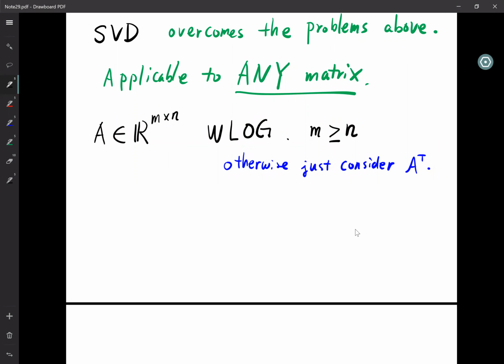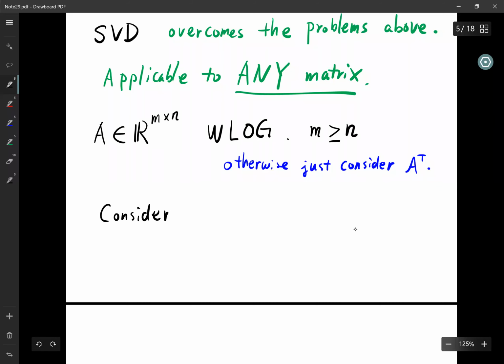We don't have that many tools to talk about rectangular matrices other than Gauss elimination that we learned at the very beginning of this semester. But we learned eigenvalue decomposition. In particular, we learned that any real symmetric matrix is diagonalizable. So how do we get a real symmetric matrix?